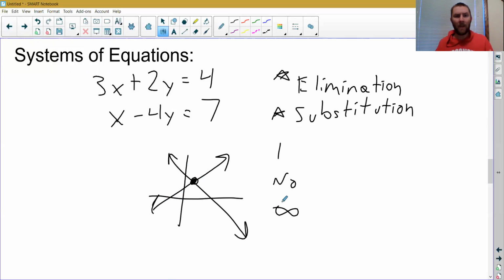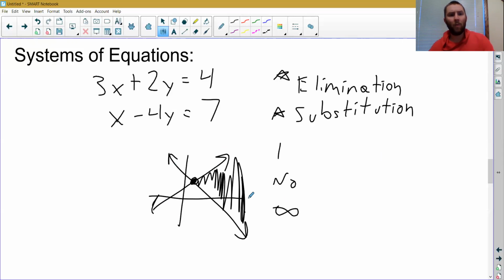And then the other thing that we did in chapter 6, which is not quite as crucial to remember as we move forward, but we did also graph inequalities where we ended up with pictures similar to this, but then we ended up shading in part of the graph to represent a whole region of solutions, excuse me.